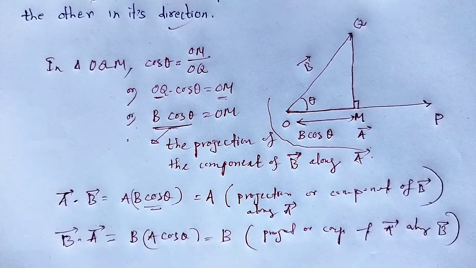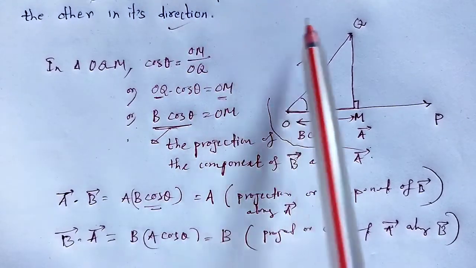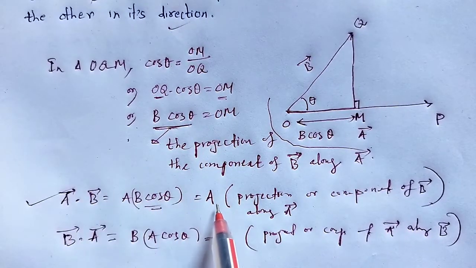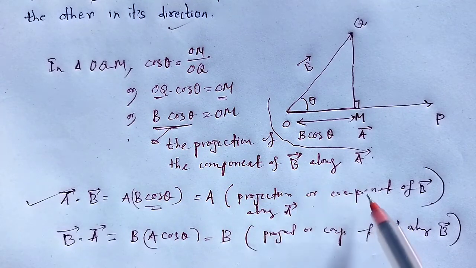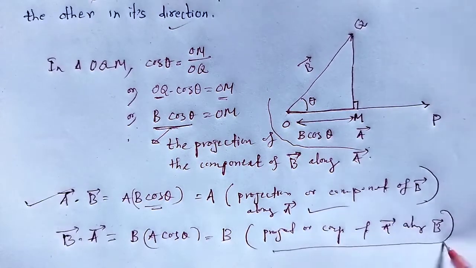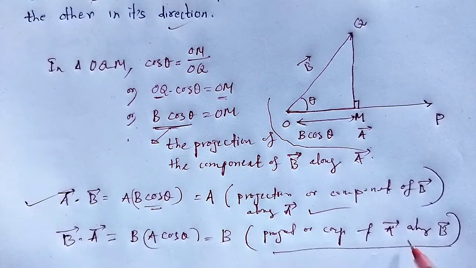In this way, we interpret the geometrical meaning of the scalar product. What is the geometrical meaning of A dot B? That is A into the projection of the component of B vector along A vector. B dot A is B into A cos theta, that is B into the projection of the component of A vector along B vector.